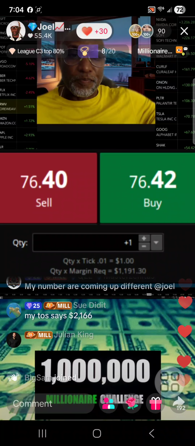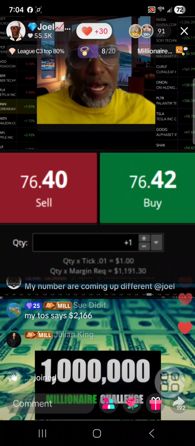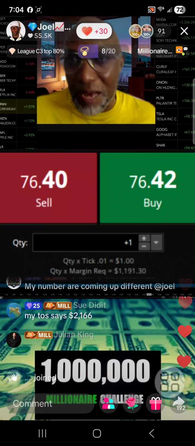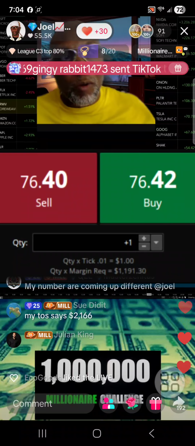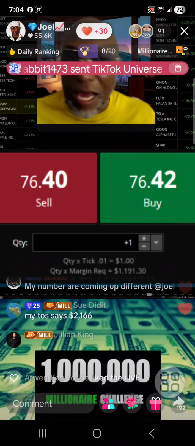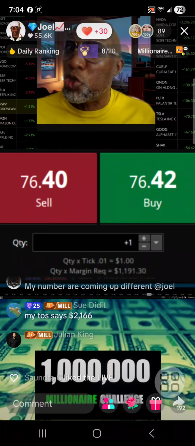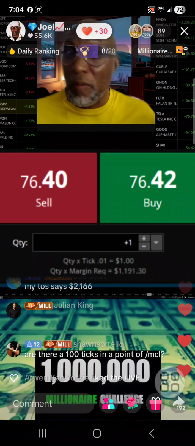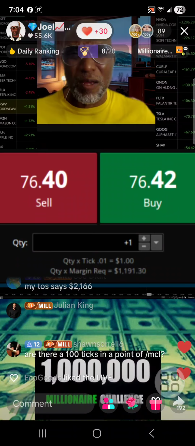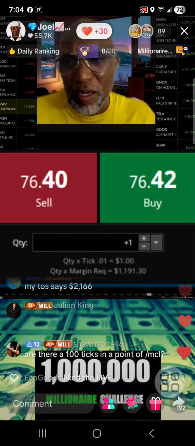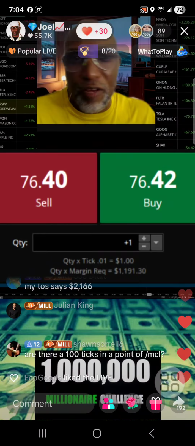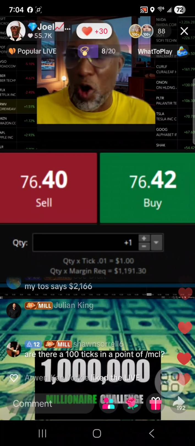Usually when I'm buying anything, I don't care if it's options, futures, crypto, or stock, I'm going to buy at least 2 shares, 2 contracts every single time. And people ask me all the time, Joel, why would you do that? Because when you buy one of anything, you limit yourself. It's always all or nothing.